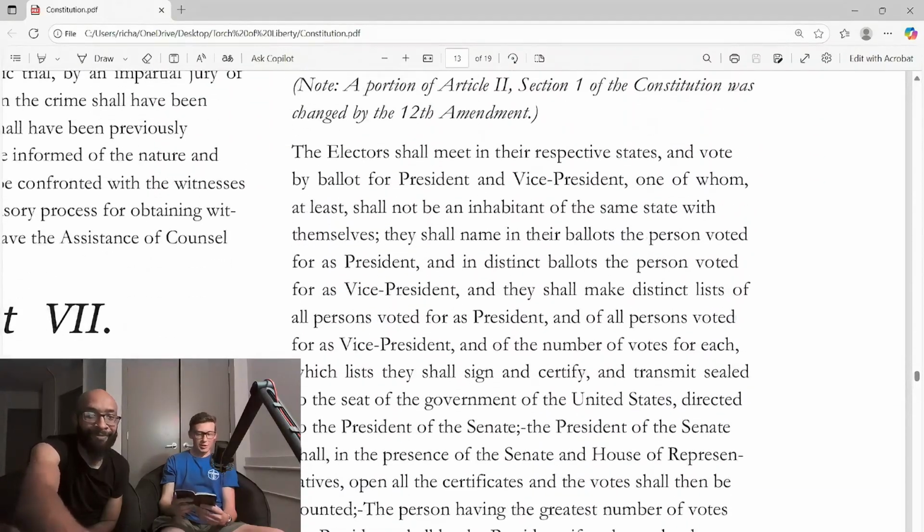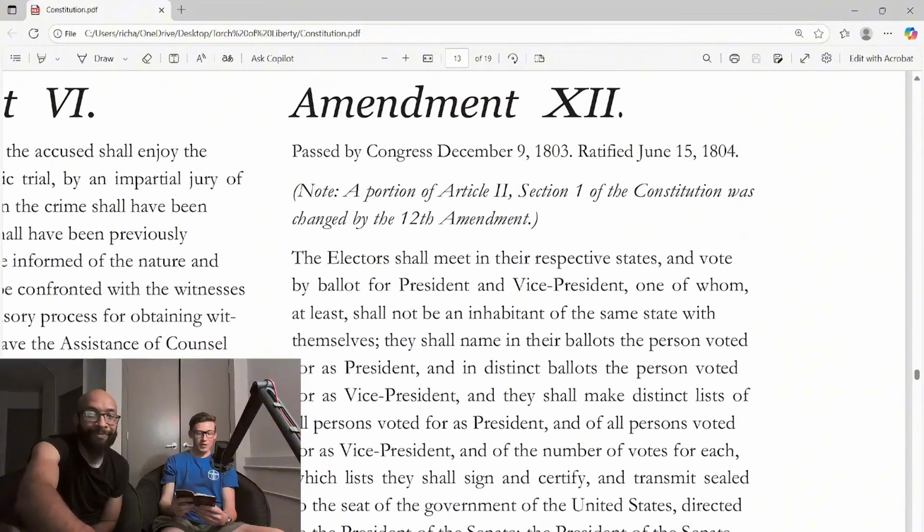The electors shall meet in their respective states and vote by ballot for president and vice president, one of whom at least shall not be an inhabitant of the same state with themselves.